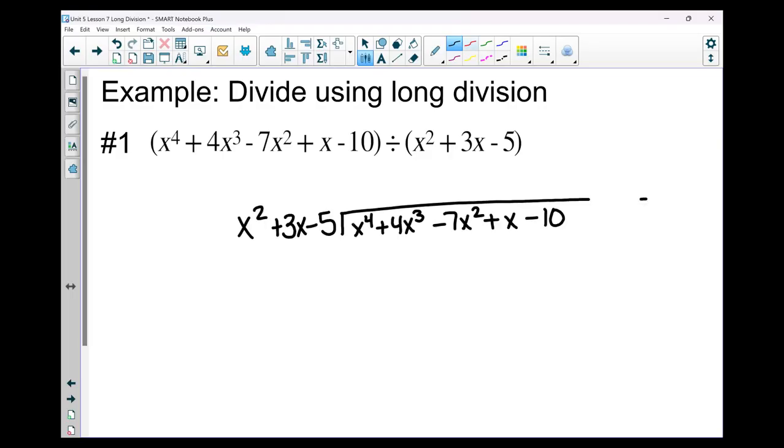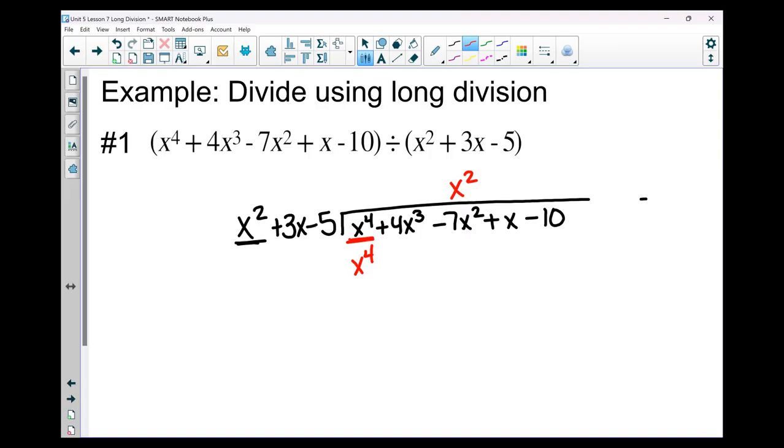So we're always going to be looking at that first place again. So our question to ourselves is, what do we have to multiply to x squared on the outside here to match the first term of the inside? Well, my current inside is x to the 4th. I know that x squared times x squared is x to the 4th. So we multiply.